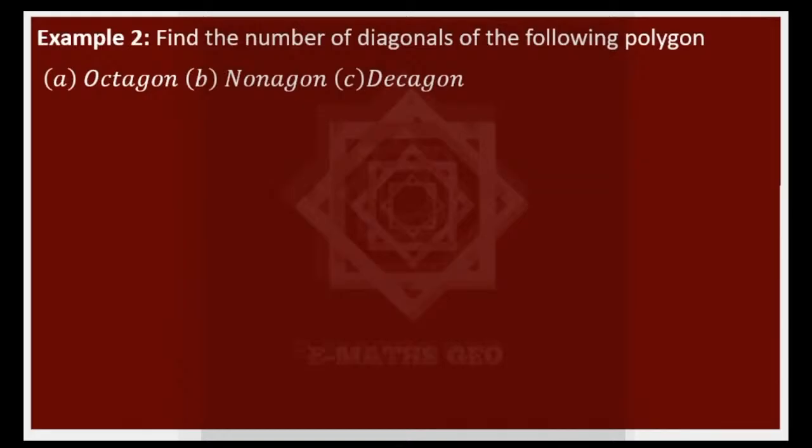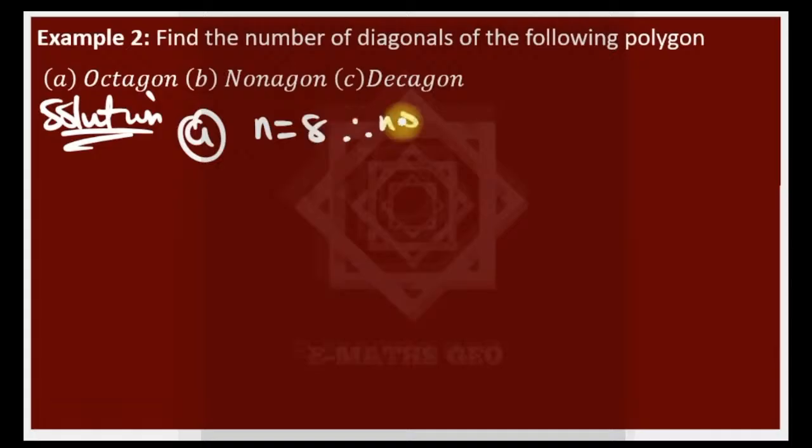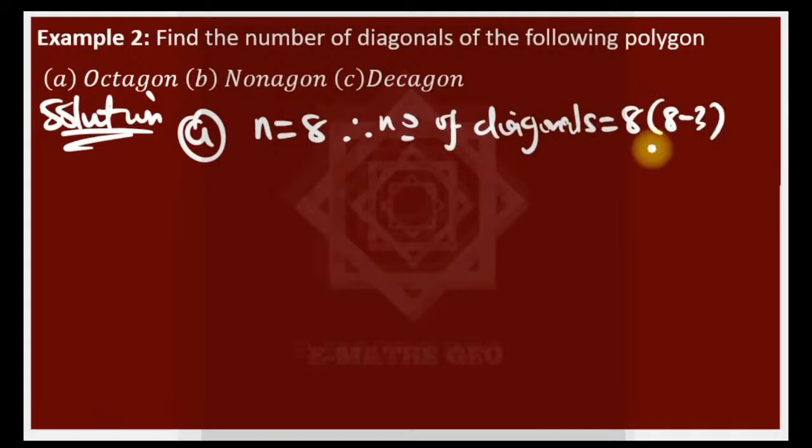They said, find the number of diagonals of the following polygons. So for the first one, an octagon is an 8-sided polygon. So n is 8. Therefore, the number of diagonals is n times n minus 3 over 2.